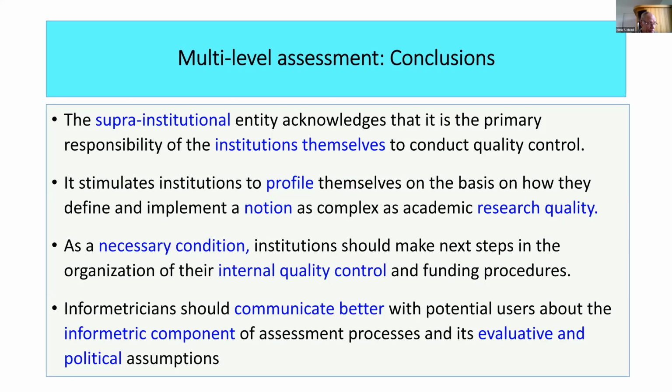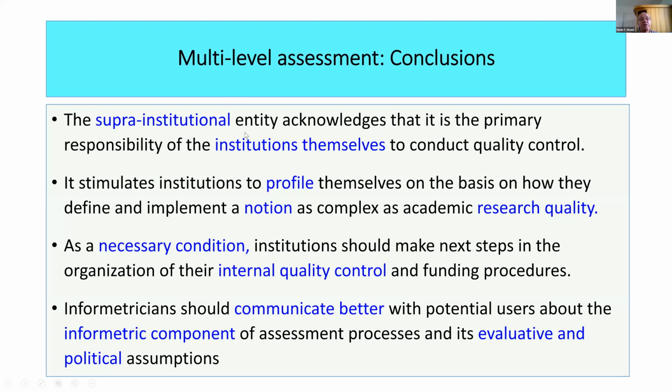Now here we see the direct reflection of this basic assumption of the autonomy of academic institutions. So this is clearly a conclusion that is not politically neutral. It is based upon the assumption of autonomy.